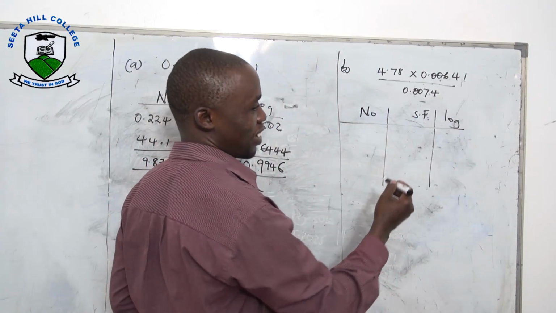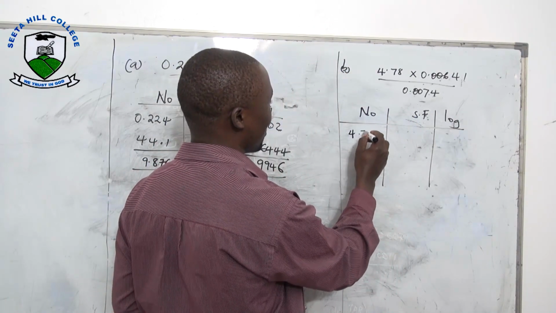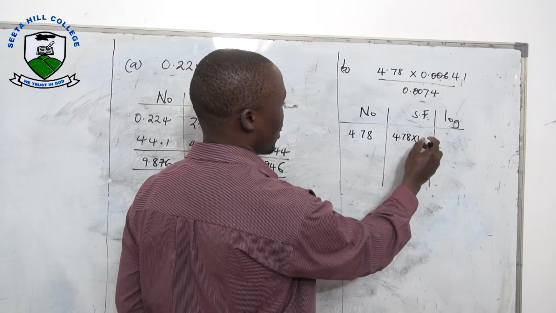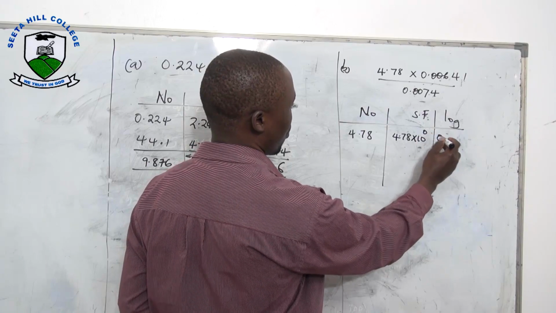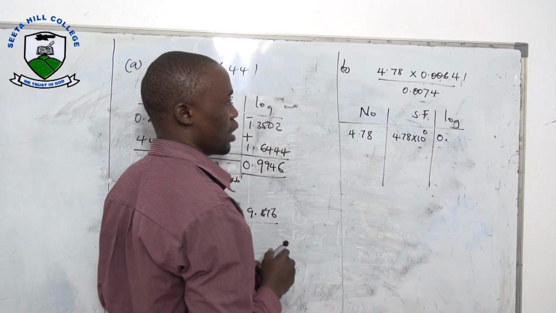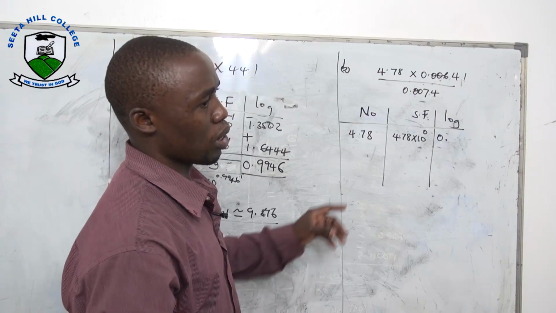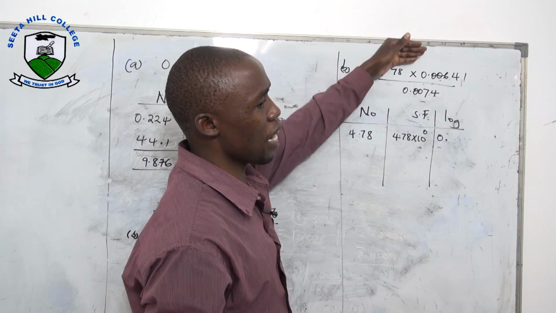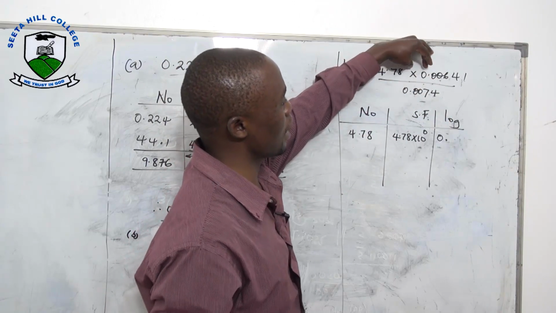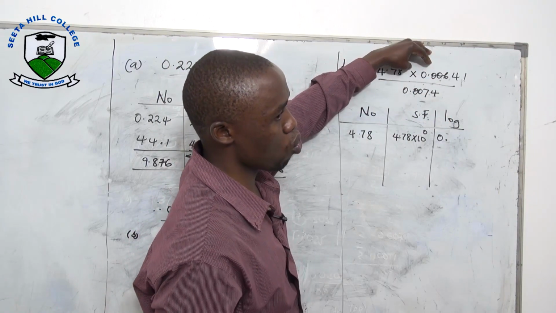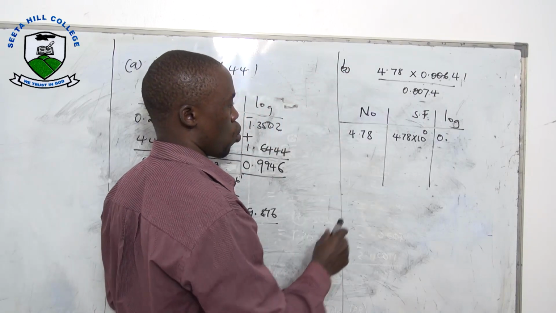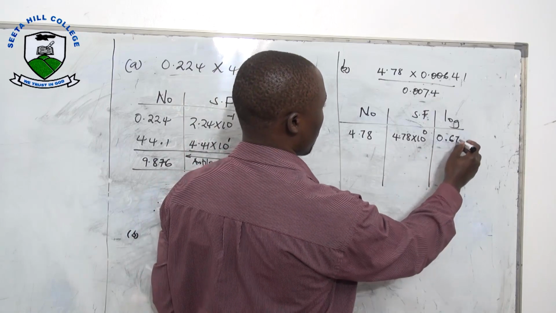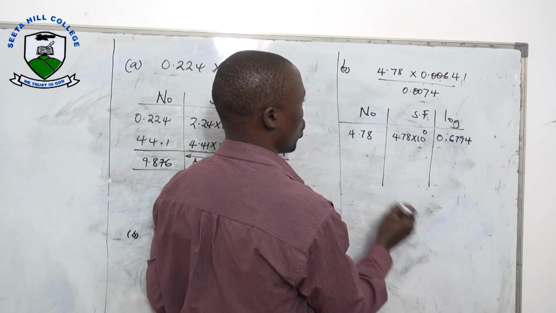What do we write here? 4.78. 4.78 to power 0. Now look, here there is multiplication and finally you divide. So we shall get this answer added and subtracted. 6794.